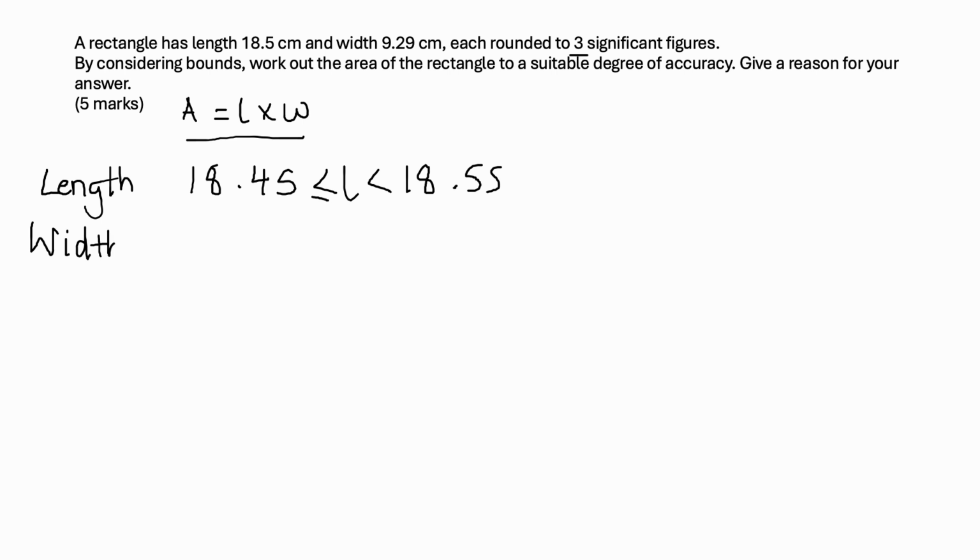So we've got 9.29 being rounded to 3 significant figures. So our lower bound is going to be 9.285. And our upper bound is going to be 9.295.